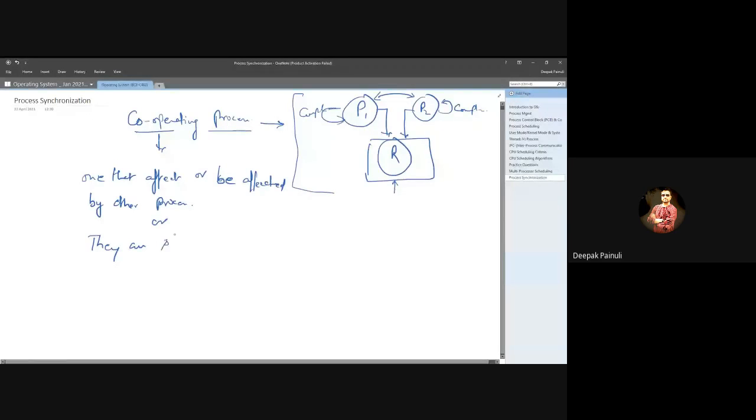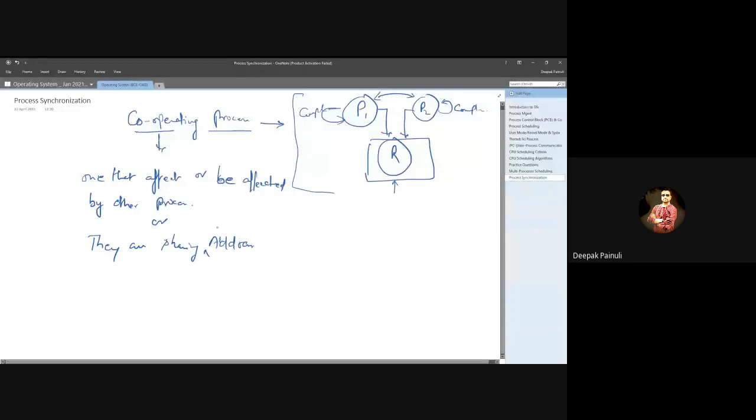So whenever there are cooperating processes, that means they are affecting each other, or they are sharing some address space, some logical address space or file space, code or data or file.